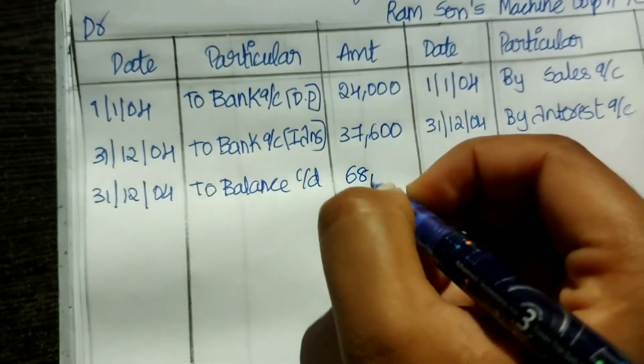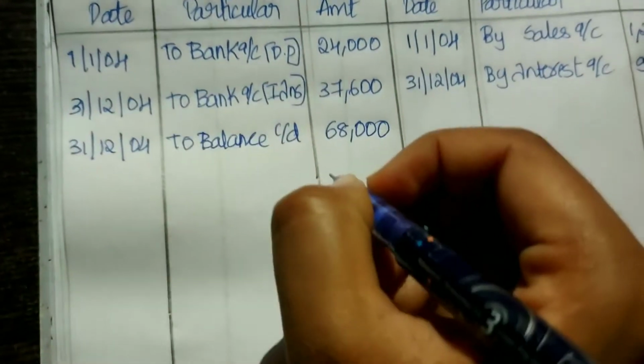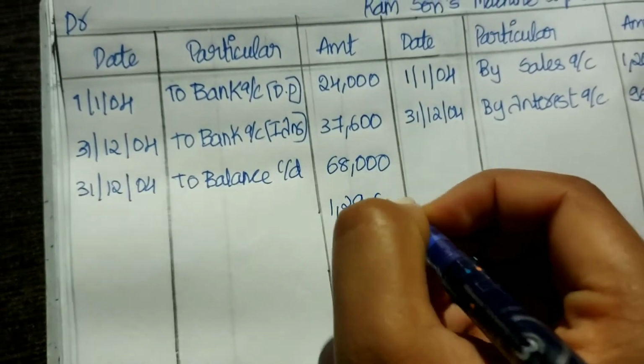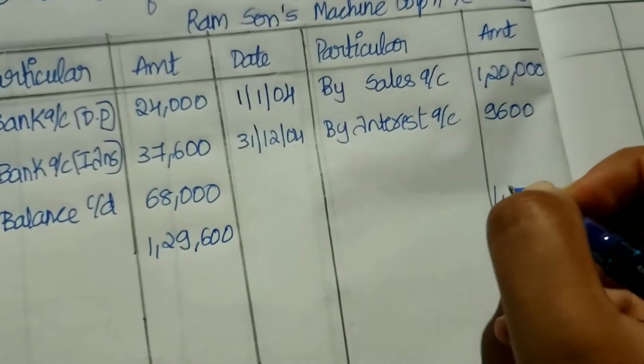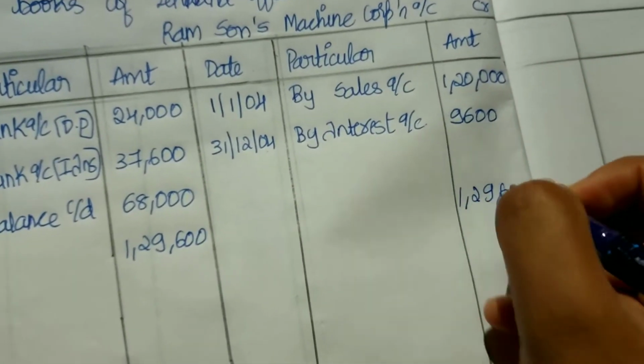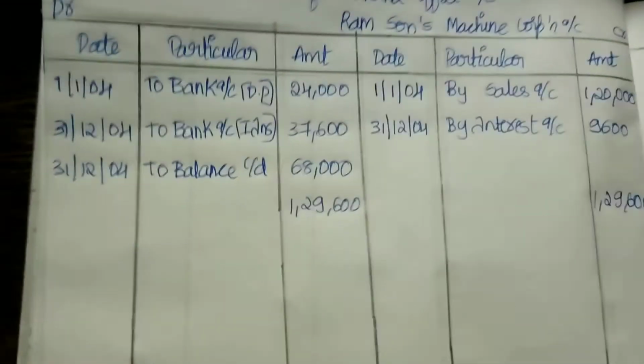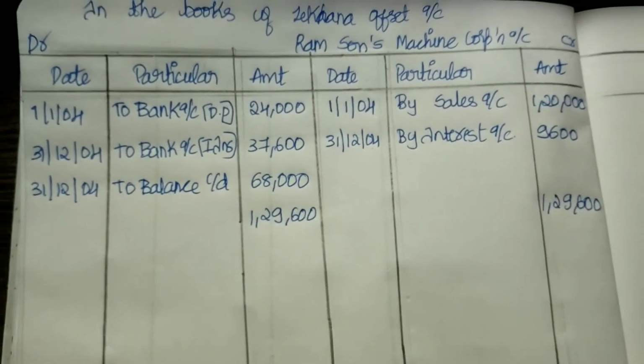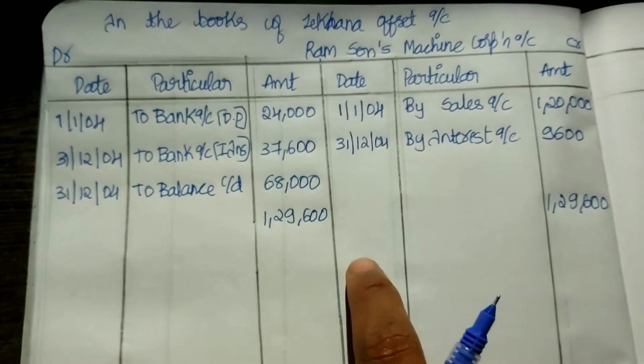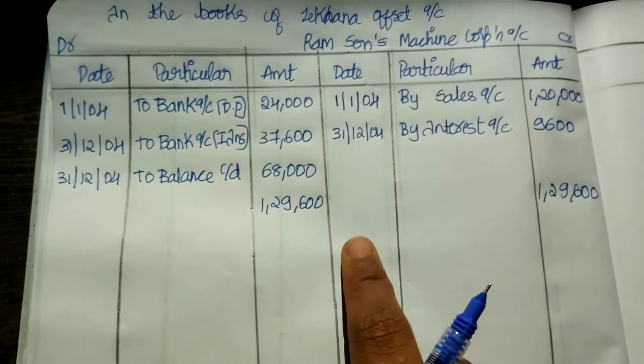You'll get 68,000. Balance it, 1,29,600. So I tallied it. So the first year installment that you paid is in the ledger.